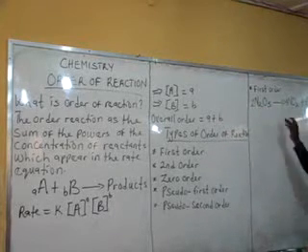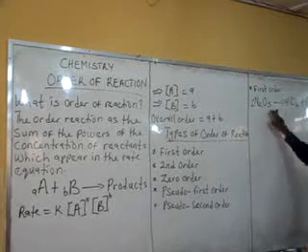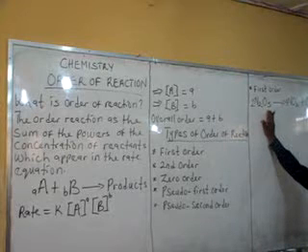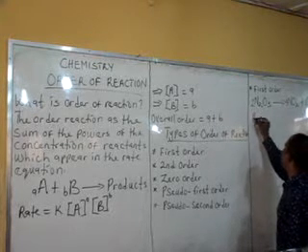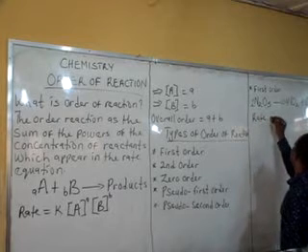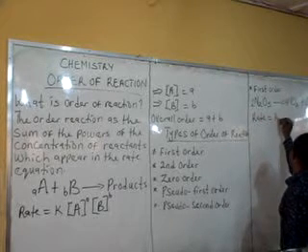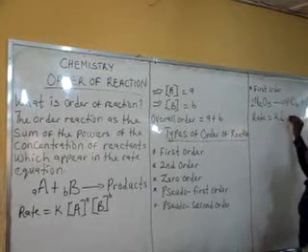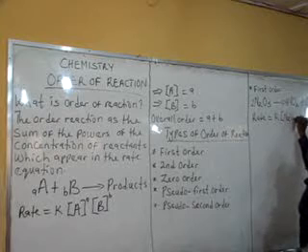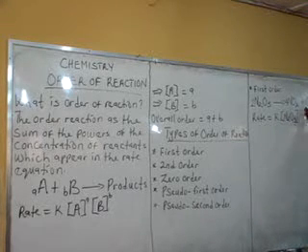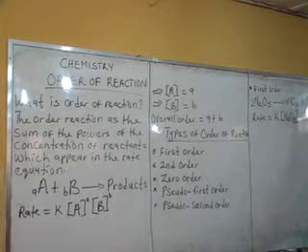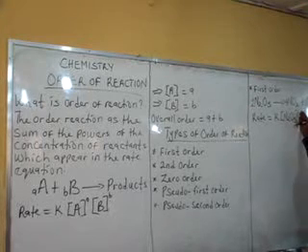Look at this equation above. From this, this is a first order reaction because here our rate will be K into the concentration of N2O5. So when you have something like this, what you have here is a first order reaction.